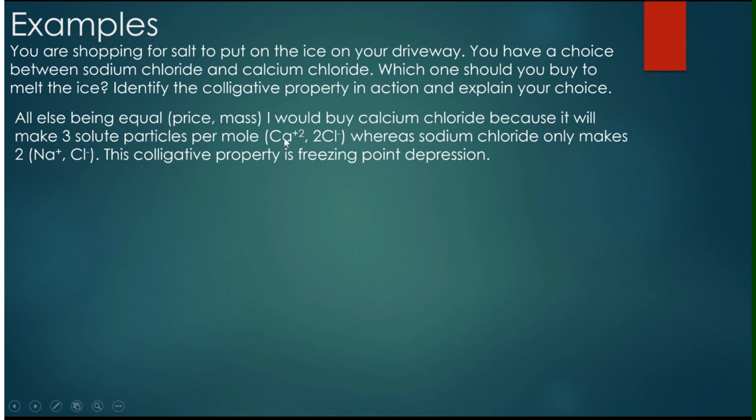It's going to have 3 of those Van't-Hoff factors, 3 of those molecules, 1 Ca2 plus and 2 Cl negatives, versus sodium chloride, which only has 2 solute particles. The colligative property we're looking at is the freezing point depression there.